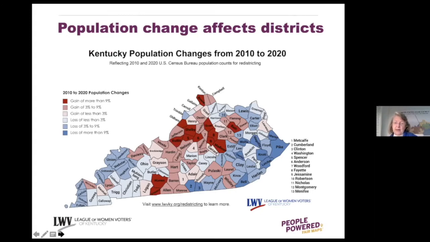The deeper the red, the greater the gain. So you can see how the Golden Triangle has gained quite a bit of population. Along Interstate 64, cross through here, and then up and down I-65 and the I-75 corridor, there's been quite a bit of gain.